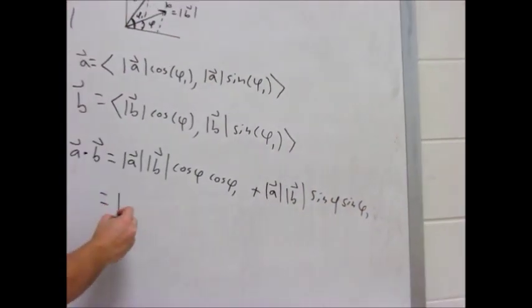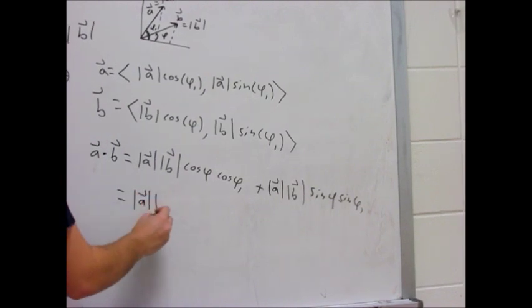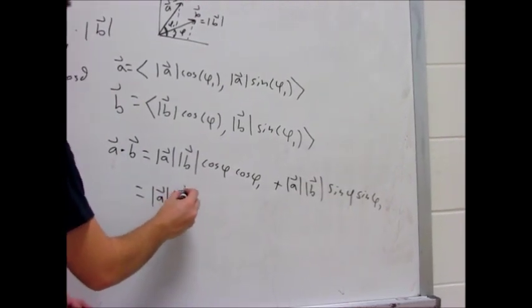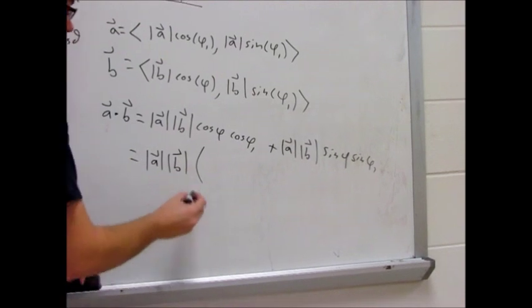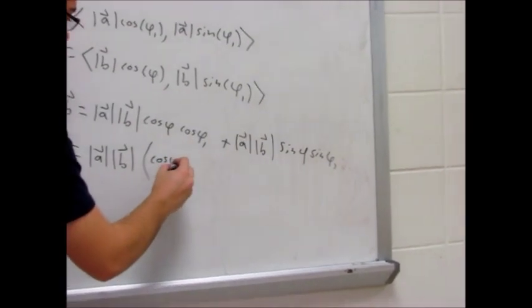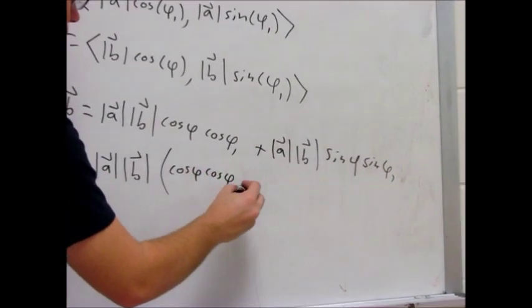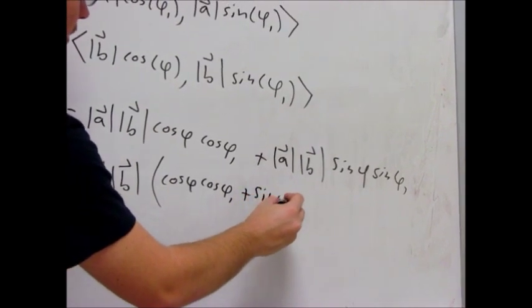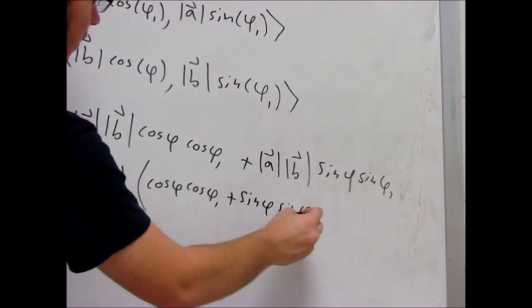Now we can factor out this magnitude of A times magnitude of B. And we just get this cosine phi cosine phi1 plus sine phi sine phi1.